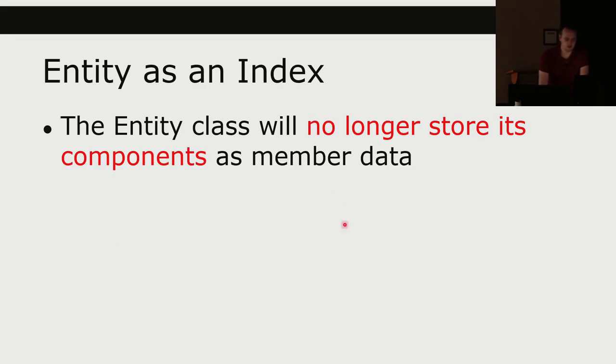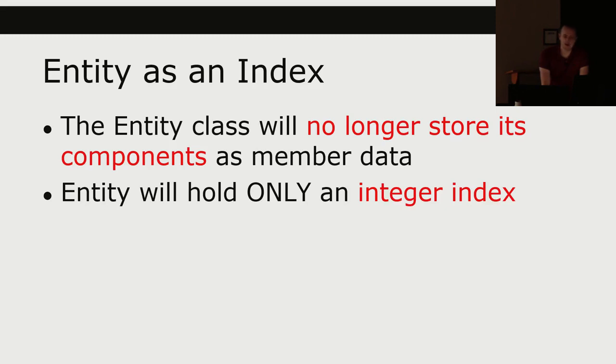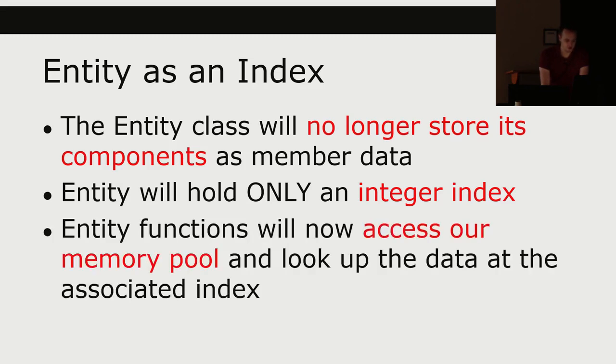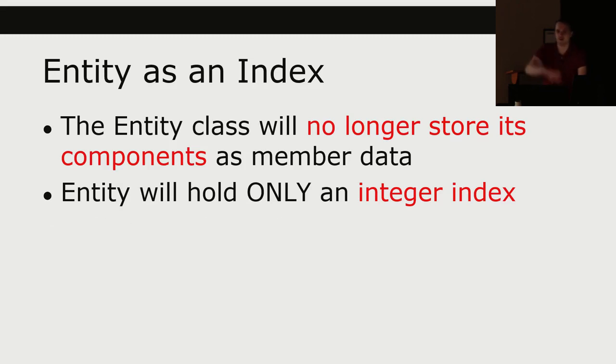So the entity class no longer stores its components as member data, right? I've implemented this in my game engine, not for your assignments, because you don't have to do that, but the entity just contains an integer. That's the only member variable of an entity anymore. And because of that, you can pass integers around all over the place. They're trivially copyable.